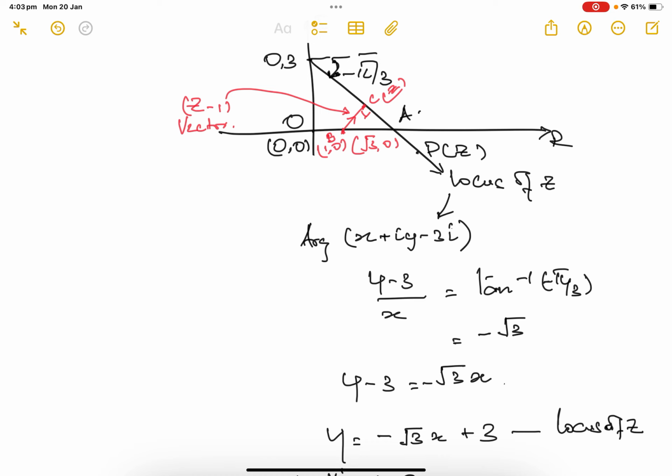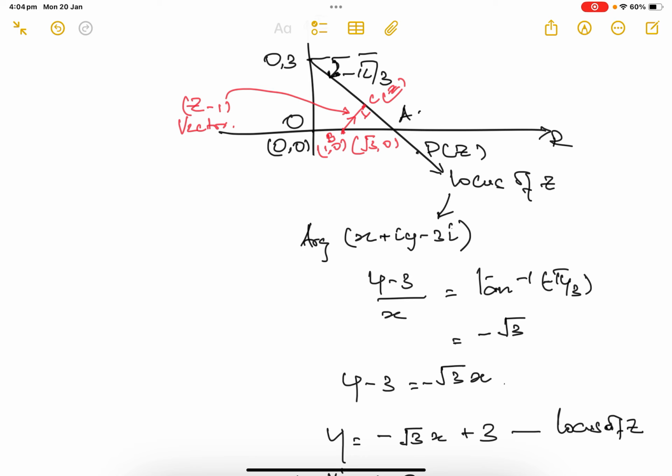I could also write the argument in the form of x, y to get the line equation: x plus iy minus 3i. Making real and imaginary parts, x is the real part and y minus 3 is the imaginary part. So y minus 3 over x gives us the tangent of the argument, which is minus pi by 3.